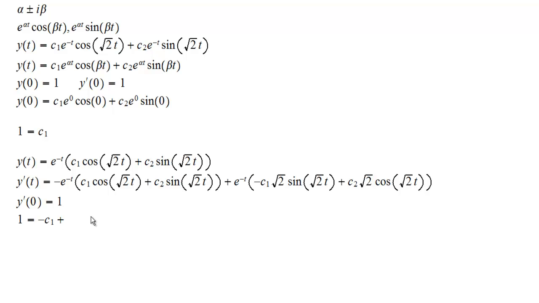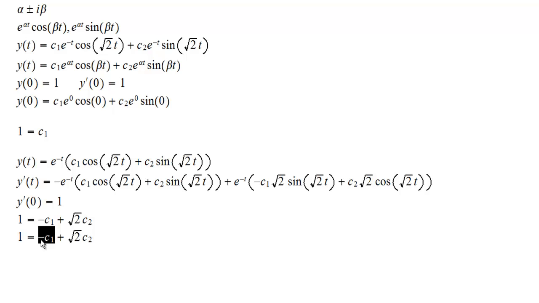And then when we substitute t equals 0 in here, this part will become 0, and we will get a square root of 2 c2 here, and this is going to become 1, right? And I think we just determined c1 as 1. So what do we get then?